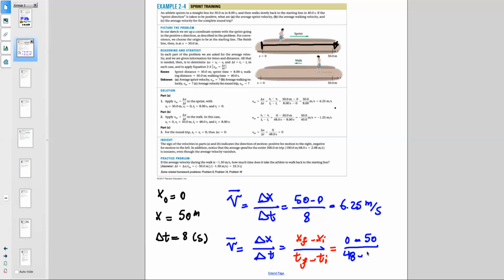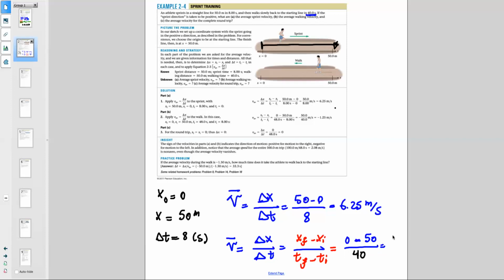So 48 minus 8, or it's also given. See, it says slowly back to starting line in 40 seconds. So I can either write 48 minus 8, or I can just write the time as it's given to me. So I can just write 40 here.